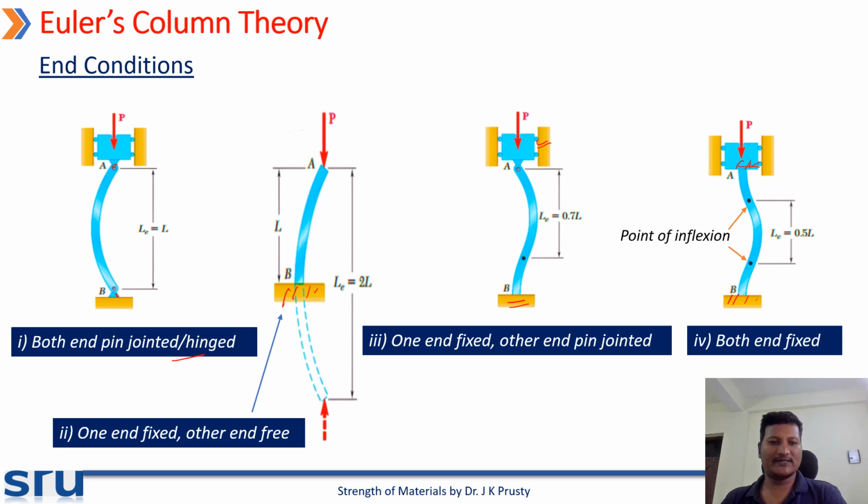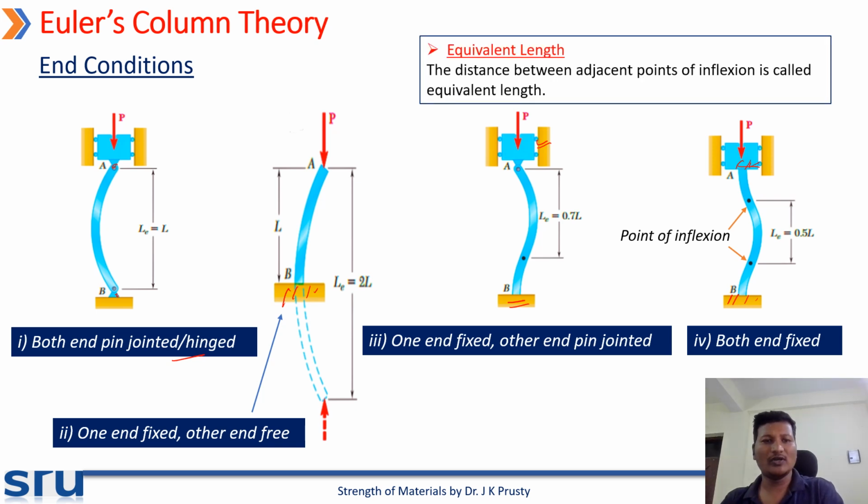Now we can understand what equivalent length is. Equivalent length is nothing but the distance between the adjacent points of inflection.